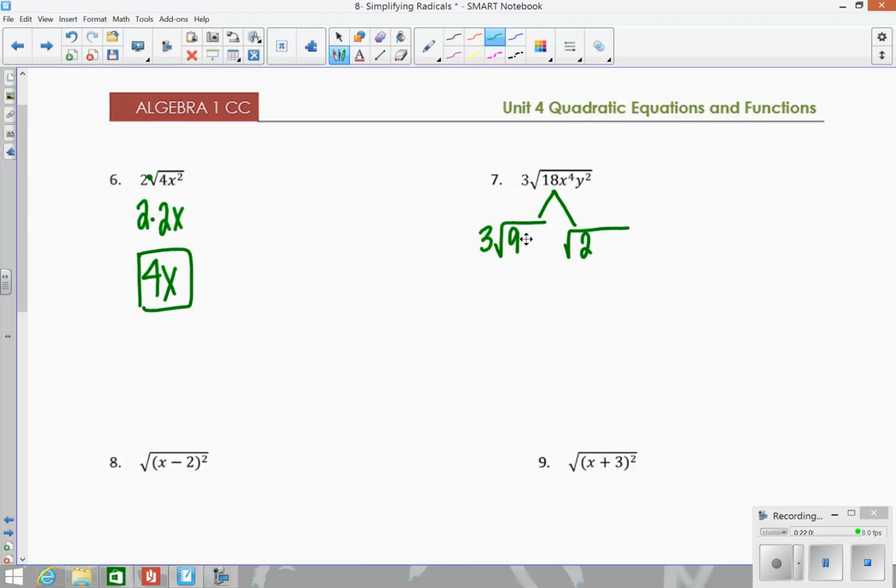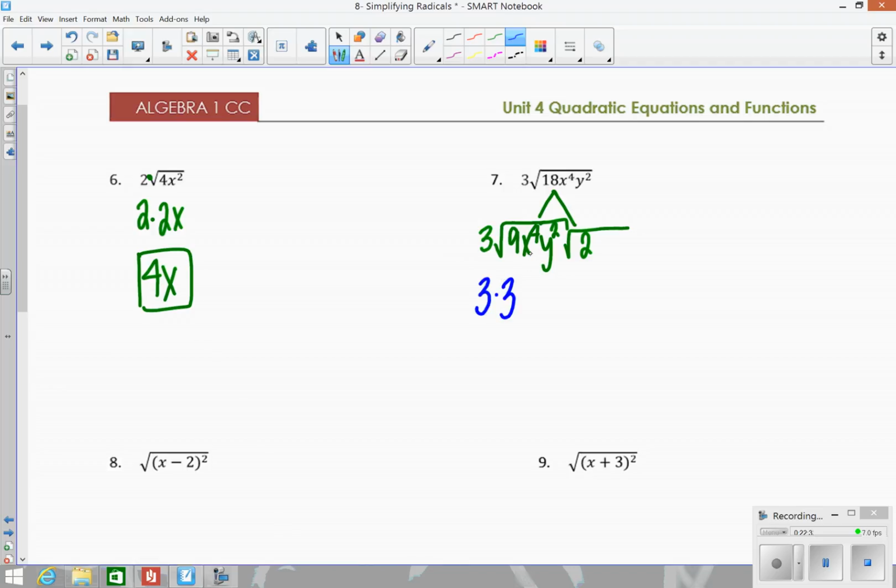So 9 times 2 would give me 18, where 9 is the biggest perfect square. X to the 4th is a perfect square because x squared times x squared gives me x to the 4th. Y squared is a perfect square because y times y gives me y squared. So all my perfect squares are here. Non-perfect square is just going to be square root of 2. So when I go to simplify this, I'm going to keep the 3 out in front. Square root of 9 becomes 3.